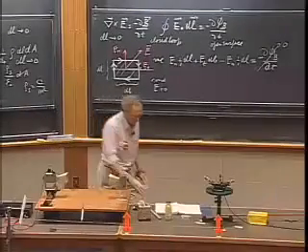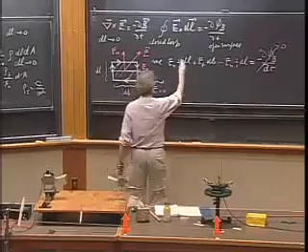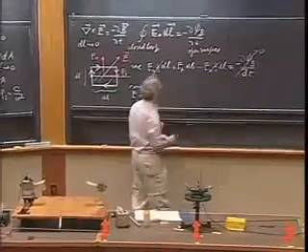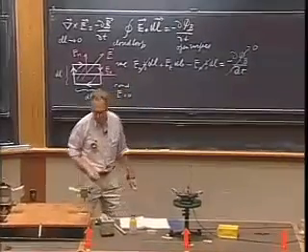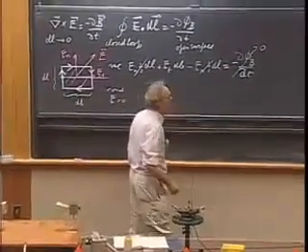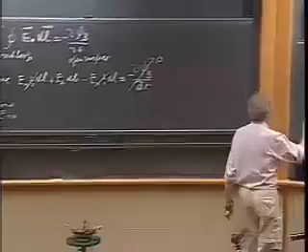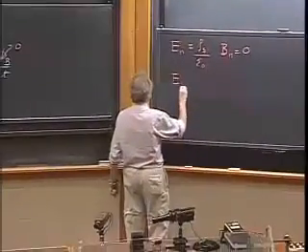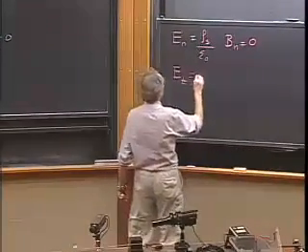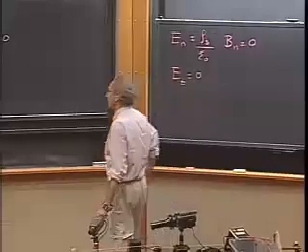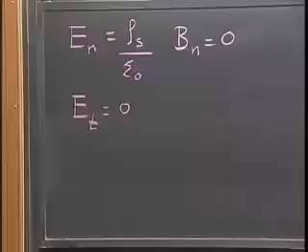And so that one goes to 0, and notice that this one cancels out against this one. And so now we find the third condition, and that is that at the boundary, E tangential is 0. So that's the third one.